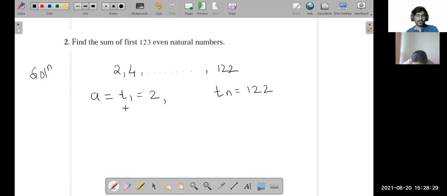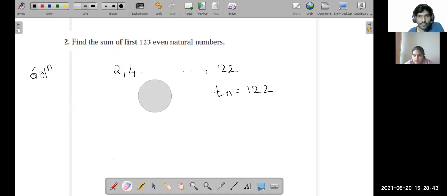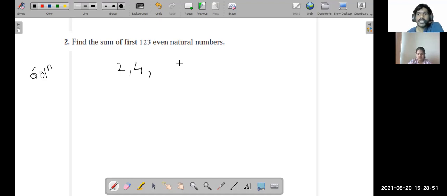One minute. Wait. The question says find the sum of the first 123 even natural numbers. Okay, I read the question wrong. First 123 even numbers. So what did we do? We took even numbers from 1 to 123, but that is not what they asked. They are asking for the first 123 even numbers.